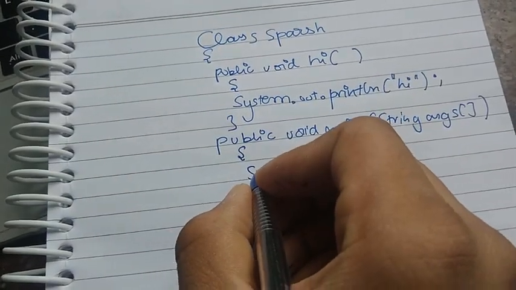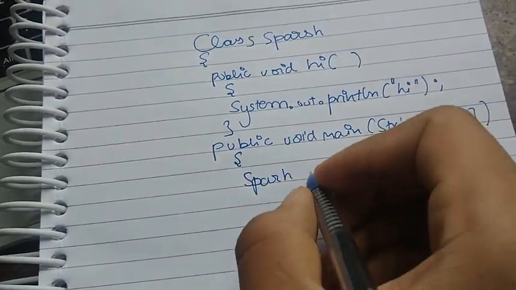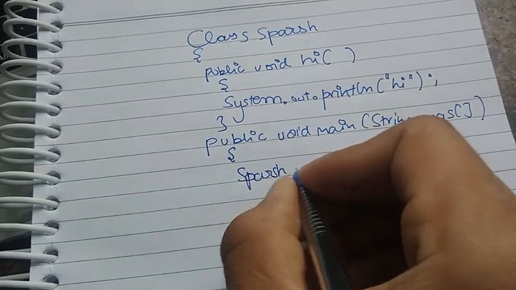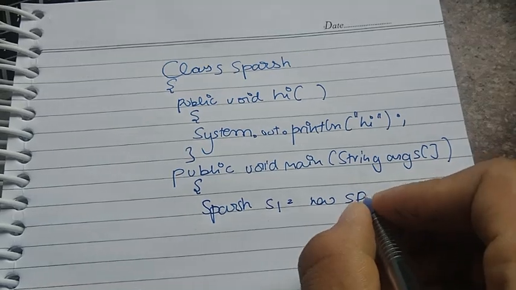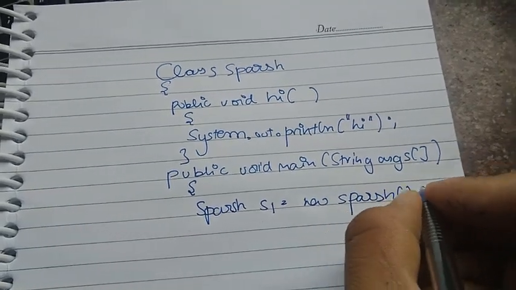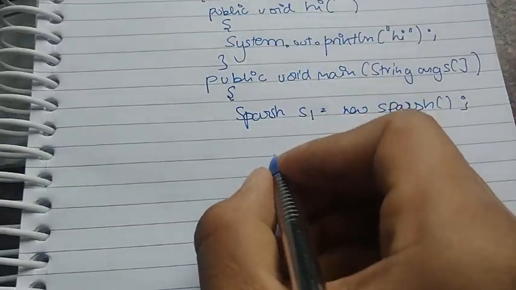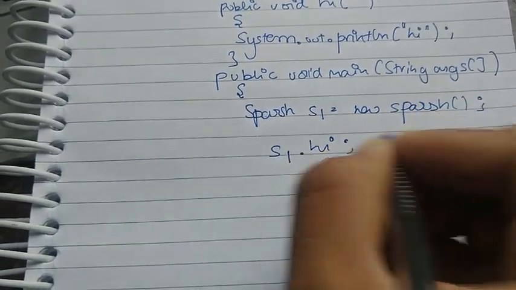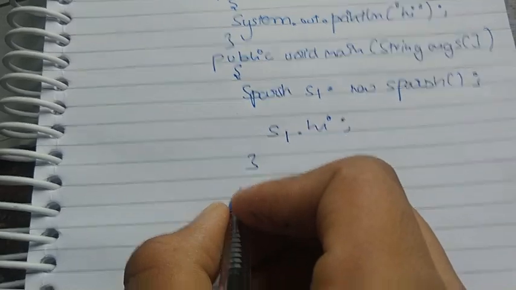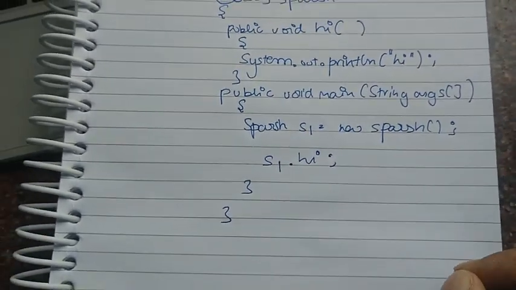Persh s1 is equal to new Persh, with brackets, and close. Now we call the function, s1.hi, and close. This is the full program that will show you how it is working.